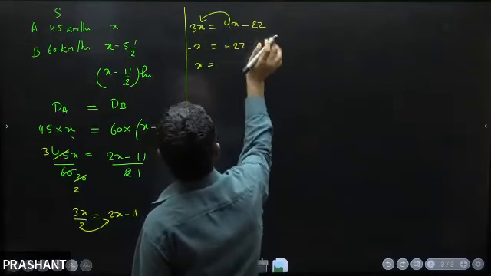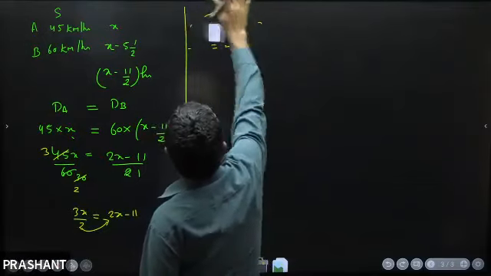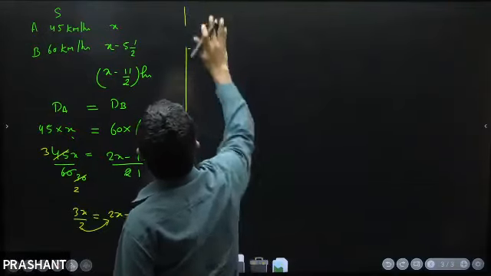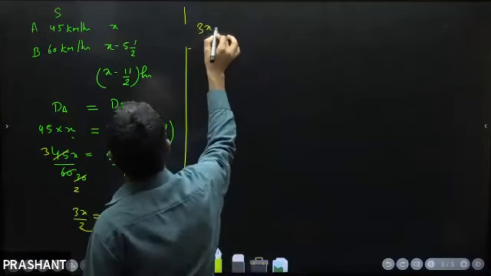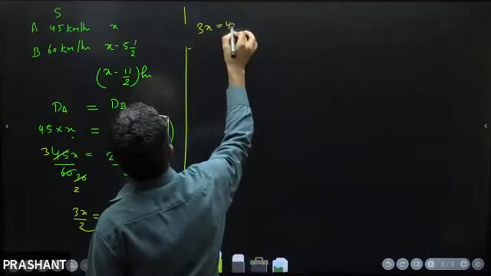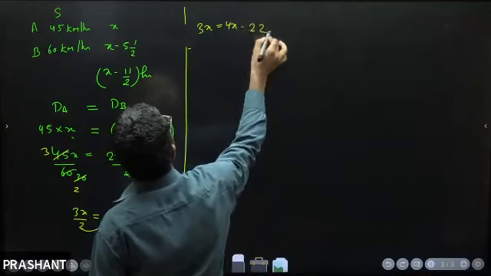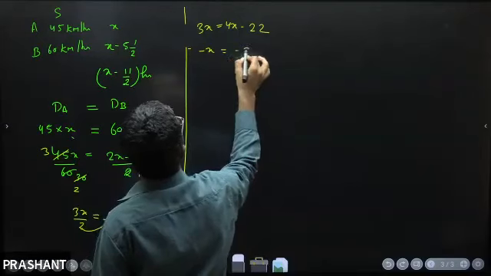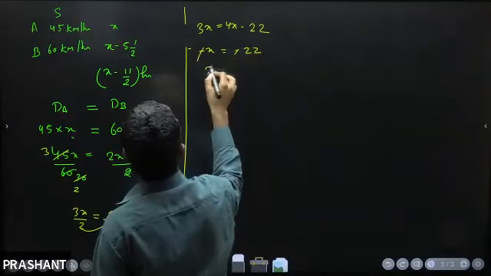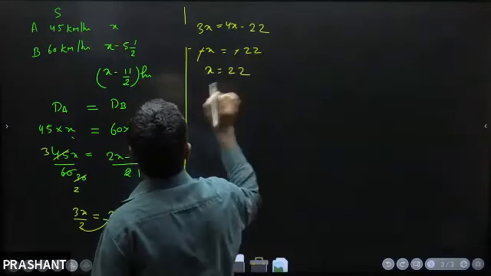So this is 3x is equal to 4x minus 22. So that is minus x is equal to minus 22. Minus and minus cancel. So x is equal to 22.